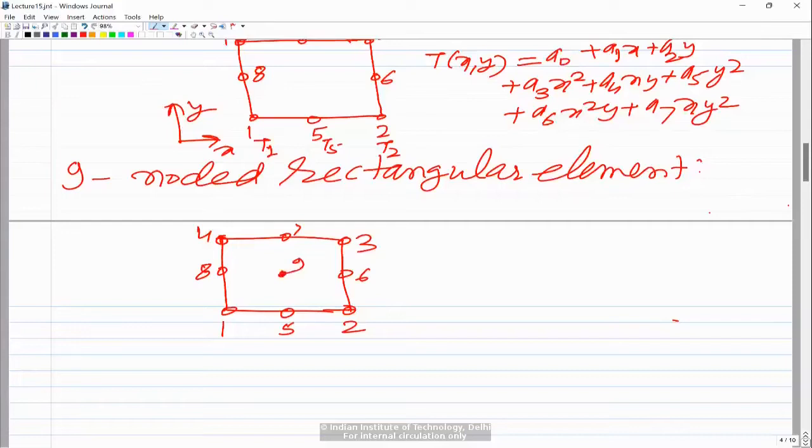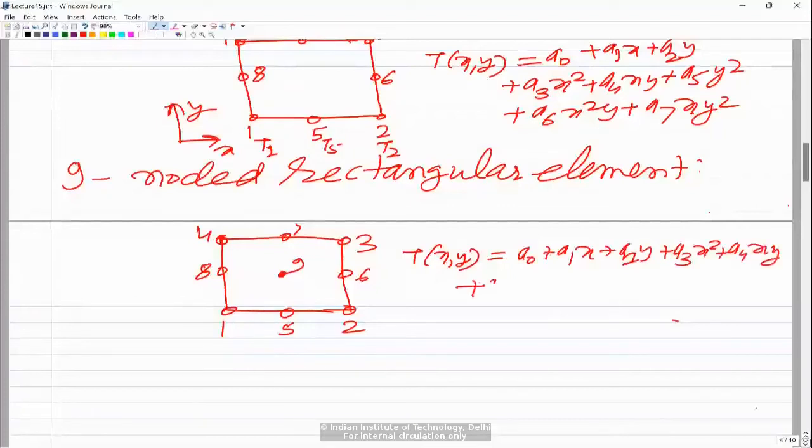Now with 9 nodes, the approximate solution would be T, which is a function of x and y, equal to a0 plus a1 x plus a2 y plus a3 x square plus a4 xy plus a5 y square plus a6 x square y plus a7 x y square and plus a8 x square y square.